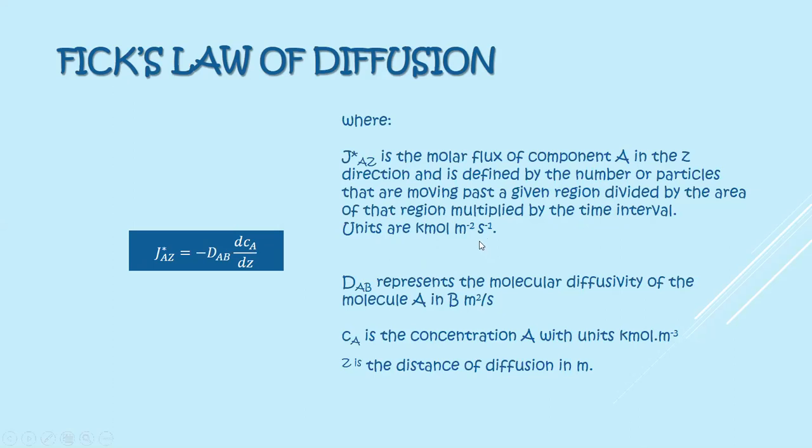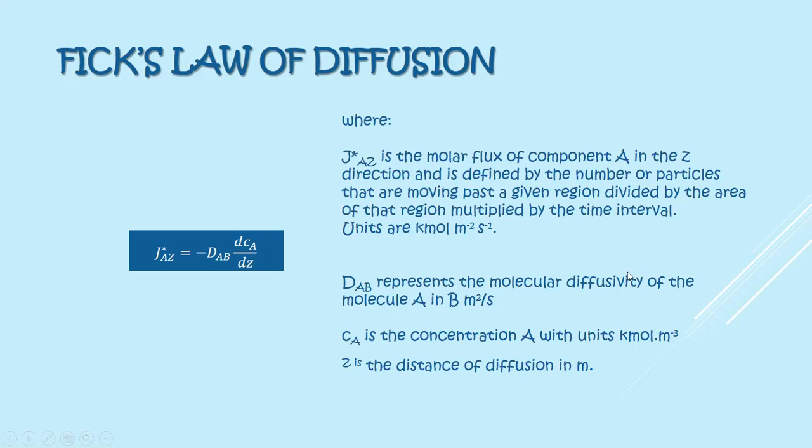Your diffusion coefficient or diffusivity, D subscript AB, represents the molecular diffusivity of molecule A in B, with a unit of meter squared per second.